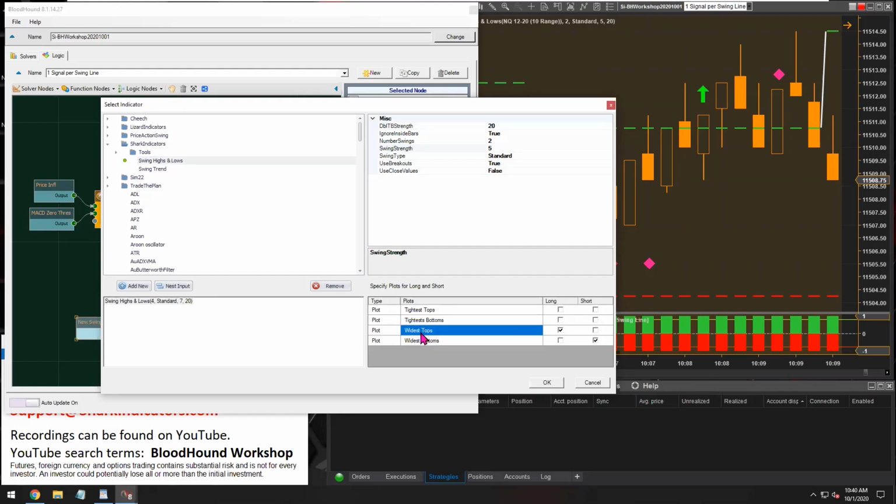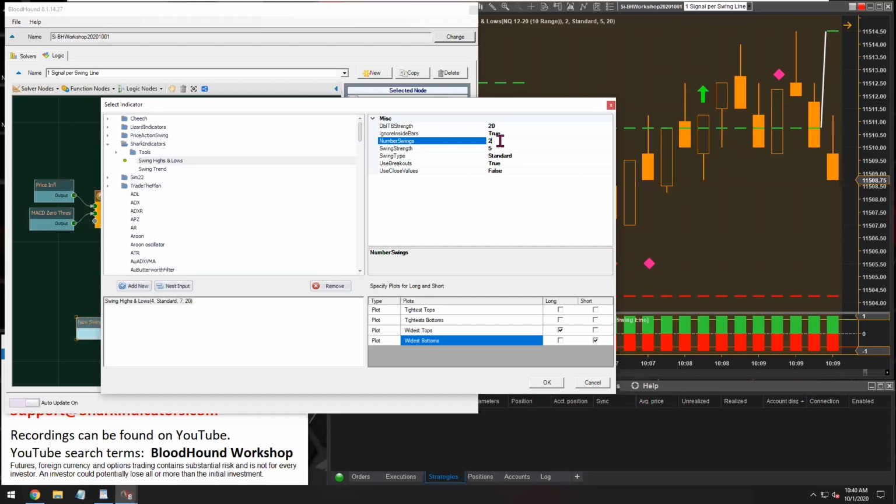So simply think of the widest tops and the widest bottoms as the highest highs and the lowest lows. And depending on the number of swings that are selected here, you could get intermediate swings. Basically swings in between the highest high and the lowest low during this number of swings look back period.